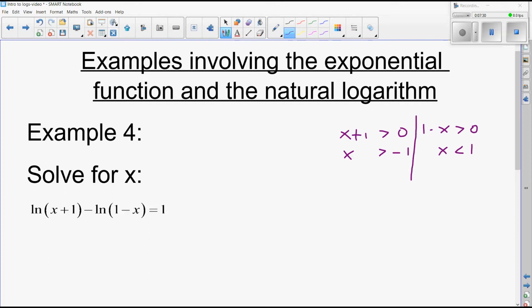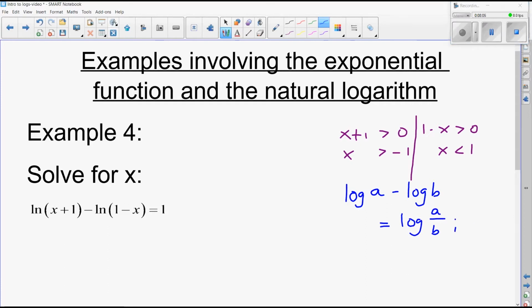Now let's start. Looking at ln of x plus 1 minus ln of 1 minus x equals 1, for us to solve for x, we need to write it in exponential form. So I'm going to apply the rule, one of the laws of logs, where when you have log of a minus log of b, you write it as log of a over b.